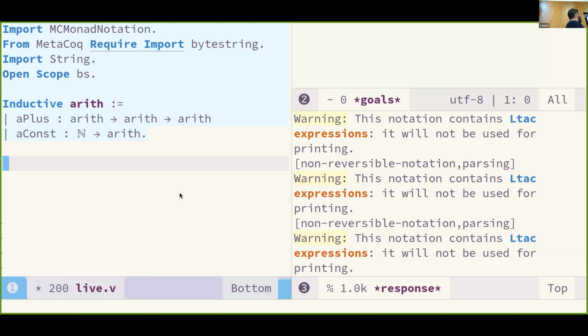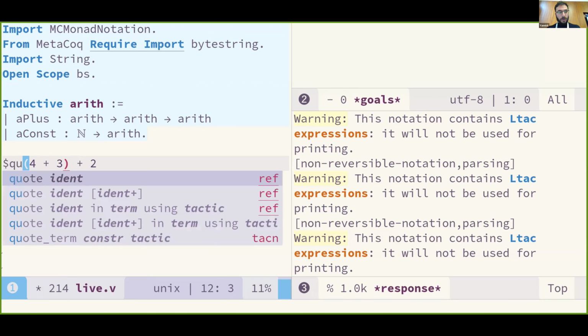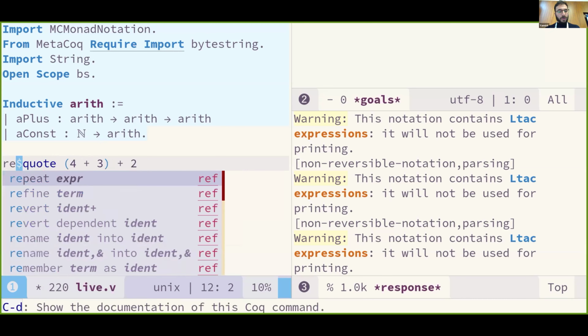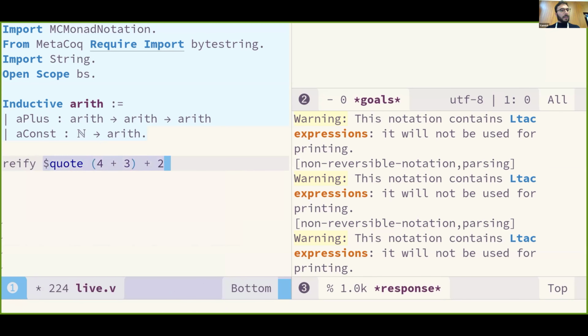Okay, I want to do two things. I think I want to do one easy reification exercise where we have an expression of actual natural numbers in Coq, so a Coq term like maybe this, and then we want to be able to quote this term, reify it, and then unquote the result in order to turn an arithmetic expression over natural numbers in Coq into an expression over an inductive data type.